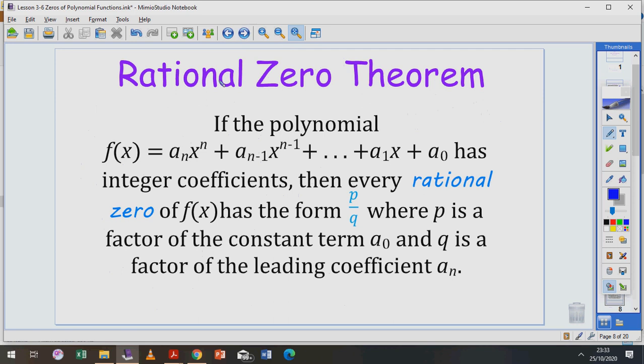And it states that if a polynomial has a first term and a last term, and it has integer coefficients, meaning that the first term and last term are integers, then every rational zero, you can think of it as a fraction zero, or basically every zero of f of x has the form p out of q, where p is a factor of the constant term.